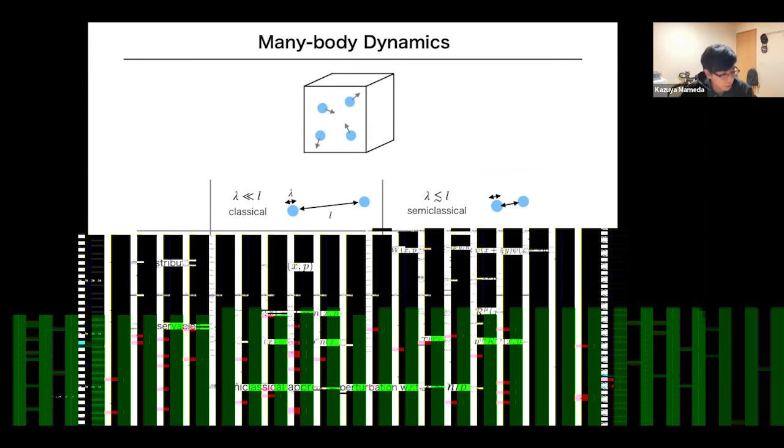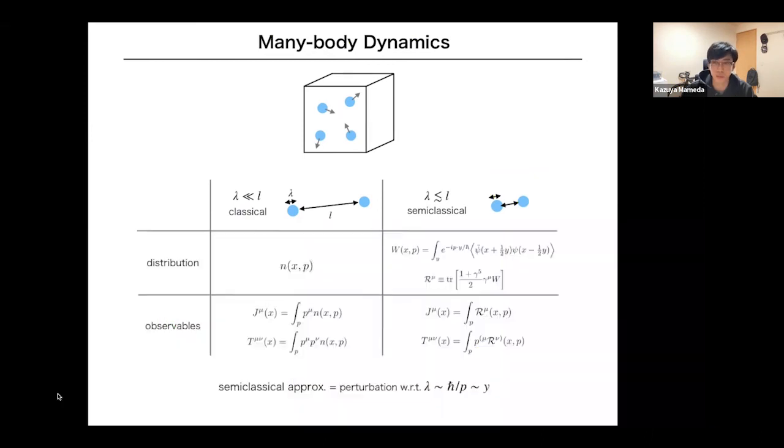Okay, so for example, if you have an electron gas, precisely speaking, they are quantum objects, right? And if the size of the wave functions of the electrons overlap, then you need to consider the quantum effect.